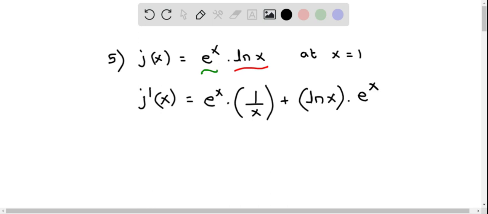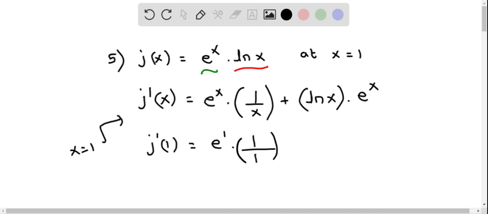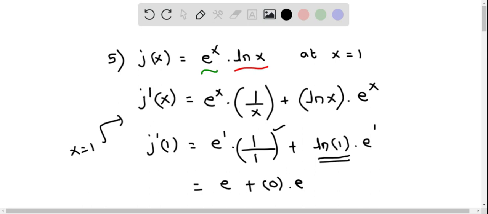So now we can find this derivative at x equal to 1. We replace x equal to 1 into the derivative function, and so g prime of 1 equals, replace all x by 1, e raised to the power of 1 times 1 over 1, plus natural logarithm of 1 times e raised to the power of 1. 1 by 1 is 1, and e power 1 you can write as e, plus natural logarithm of 1, we know that its value is 0, and 0 times e power 1 is 0.